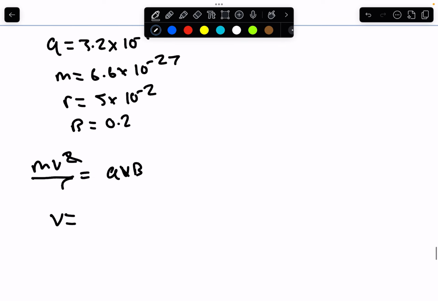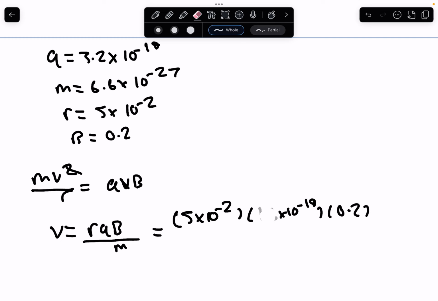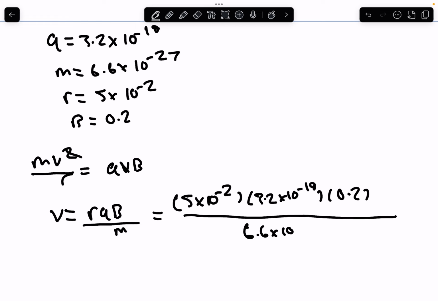v equals rqB over m, which we plug in: 5 times 10 to the negative 2 multiplied by 3.2 times 10 to the negative 19, sorry, multiplied by 0.2, all divided by the mass, which is 6.6 times 10 to the negative 27.